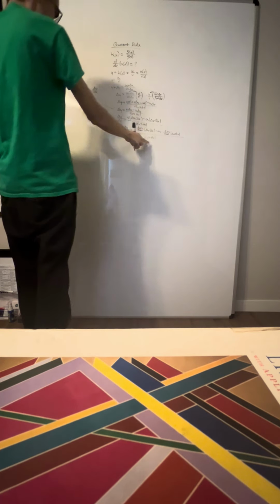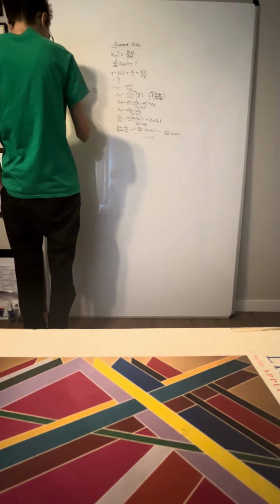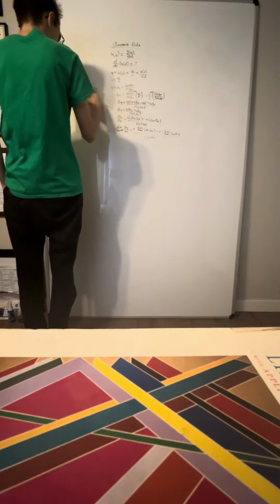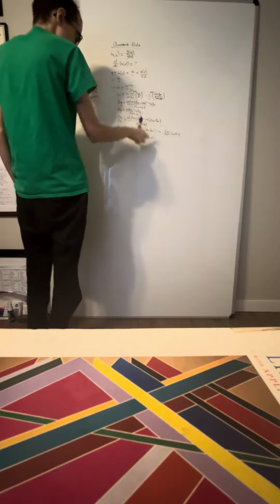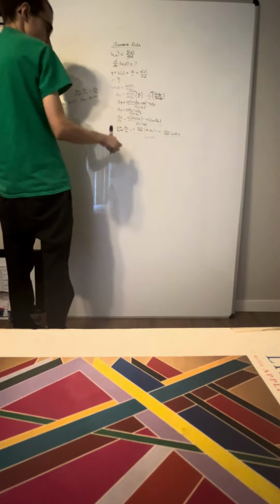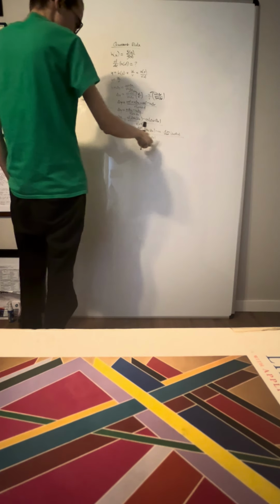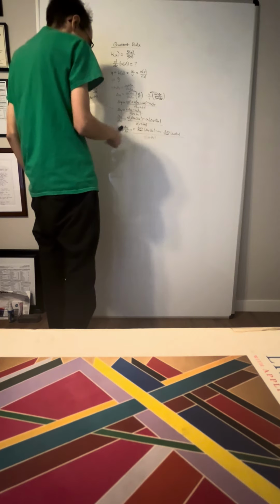But notice how when we're evaluating this as delta x approaches 0, then delta v also approaches 0, so that's just going to become v plus 0, or that's going to be a v squared down there. So let's go ahead and evaluate this.